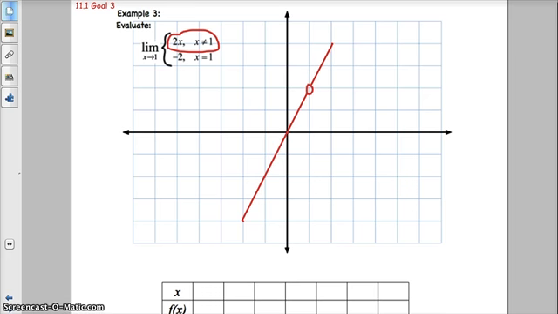And now let's graph -2 when x equals 1. So this is telling us that our function is -2, so y equals -2 is a horizontal line across -2. However, it says that x can only equal 1, no other value.